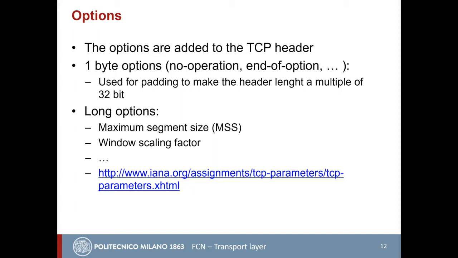You can look at that if you go to that site. Basically, there are two formats of these option fields: the long options and the short. The short options are called 1 byte options, and they are mainly used for the padding, so to make the header length a multiple of 32 bits.